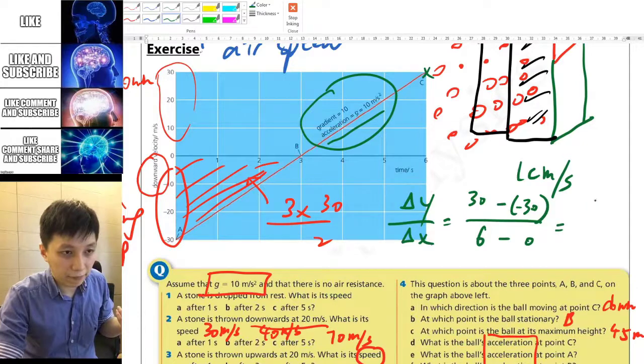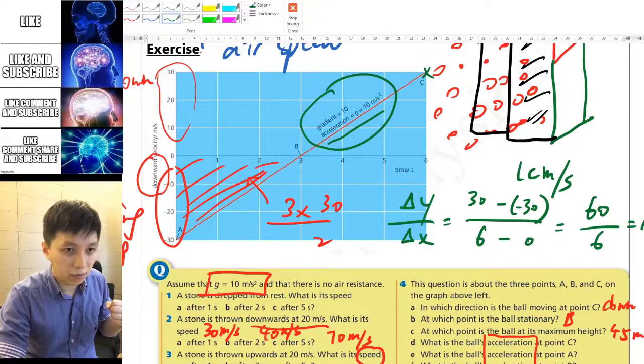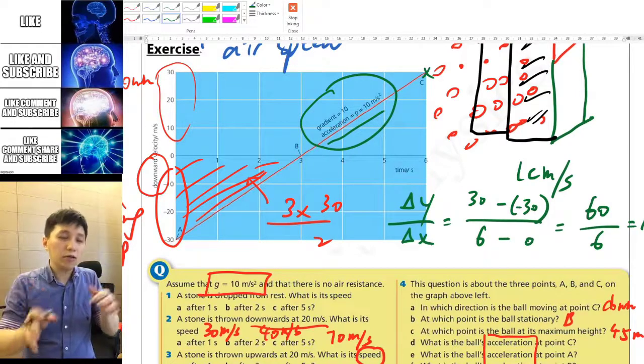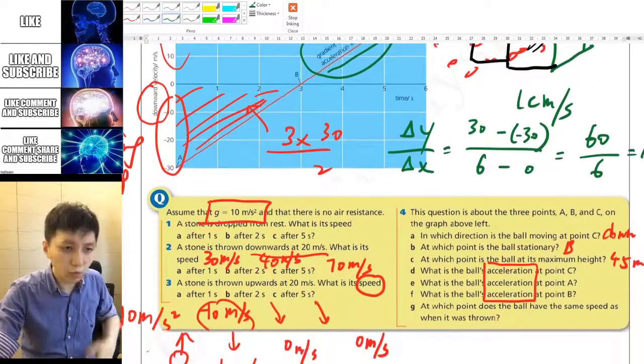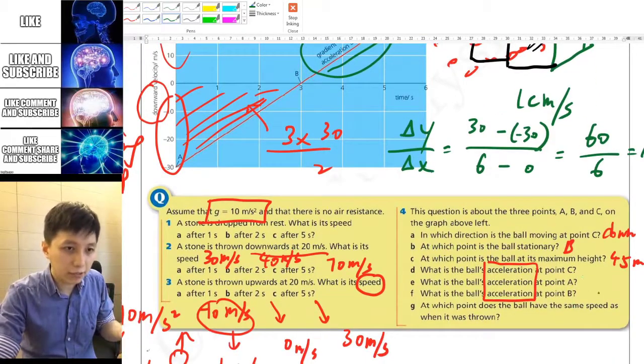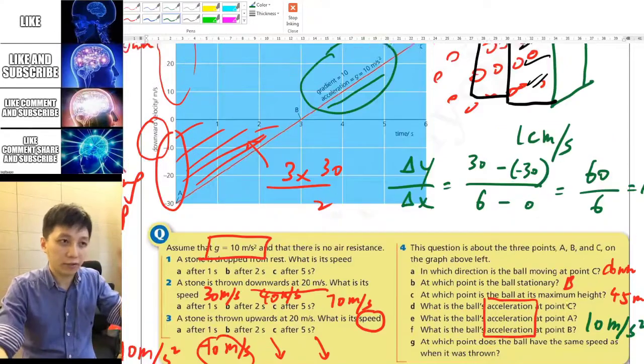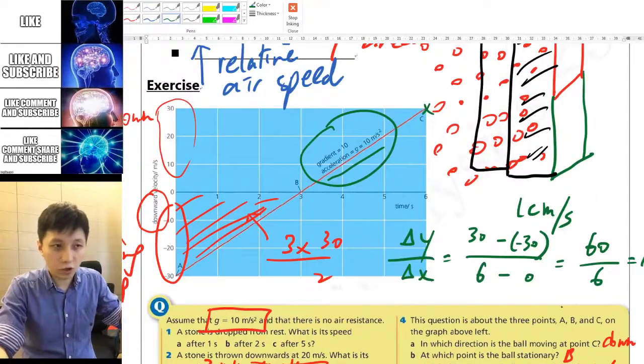So then you have 60 positive divided by 6, so that's going to be 10. The unit will be meter per second squared. So this is how you can calculate as well if they don't tell you in the question. So in fact, for all this acceleration, it's going to be 10 meter per second squared anyway, because they are on a straight line, right? The slope is always the same.